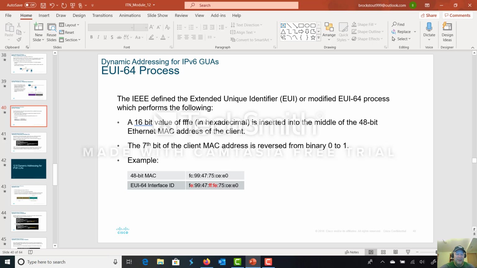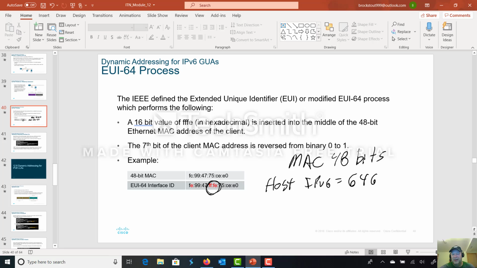We're going to flip the 7th bit, and then we're going to pad it out with FFFE in the middle, because our MAC address is going to be a 48-bit address, and the host portion for IPv6 is equal to 64 bits.